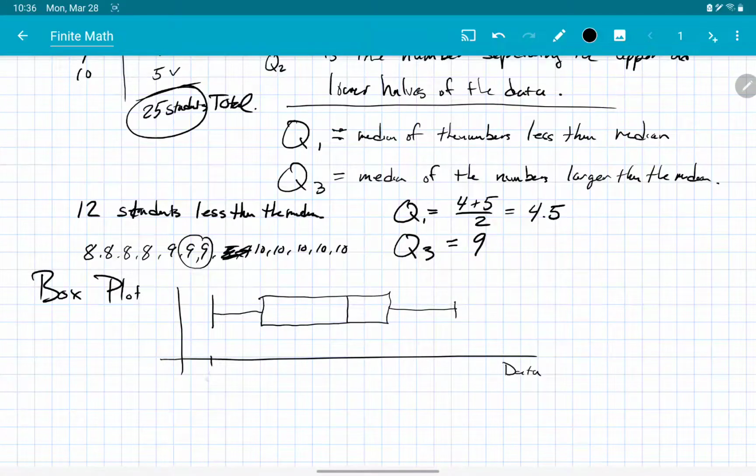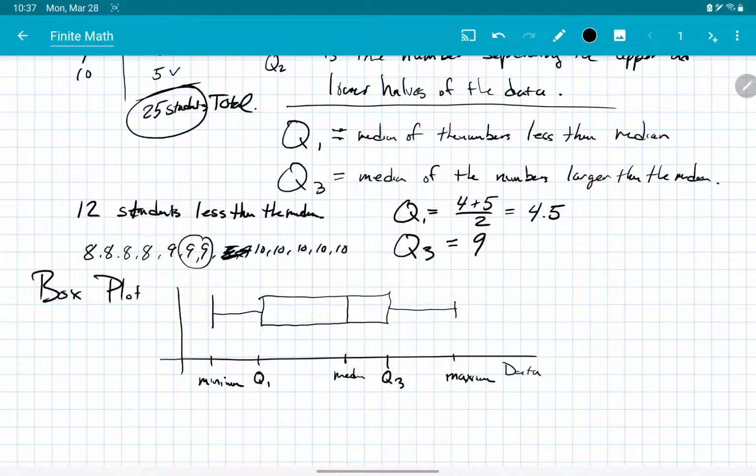The left end of the box plot is the minimum number in the data set, and the right end is the maximum number. The bar in the middle of the box is the median. The right edge of the box is Q3, and the left edge of the box is Q1.